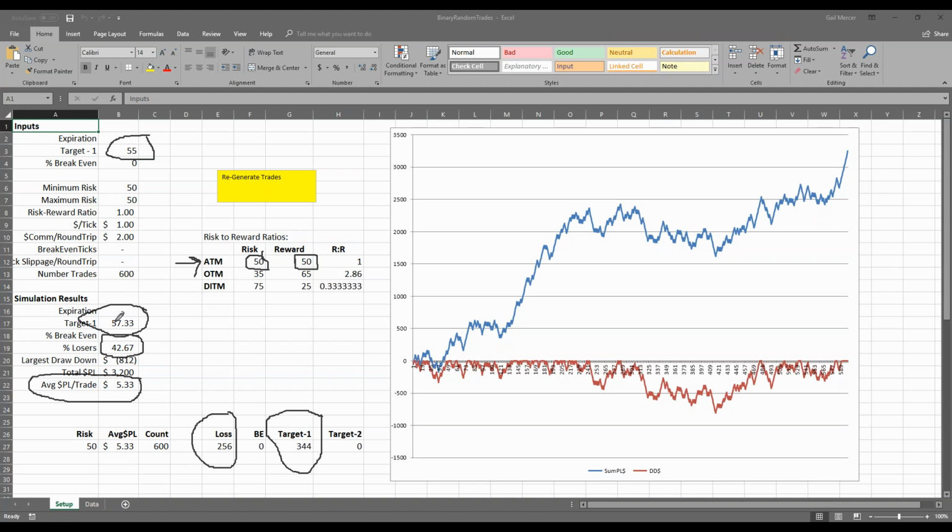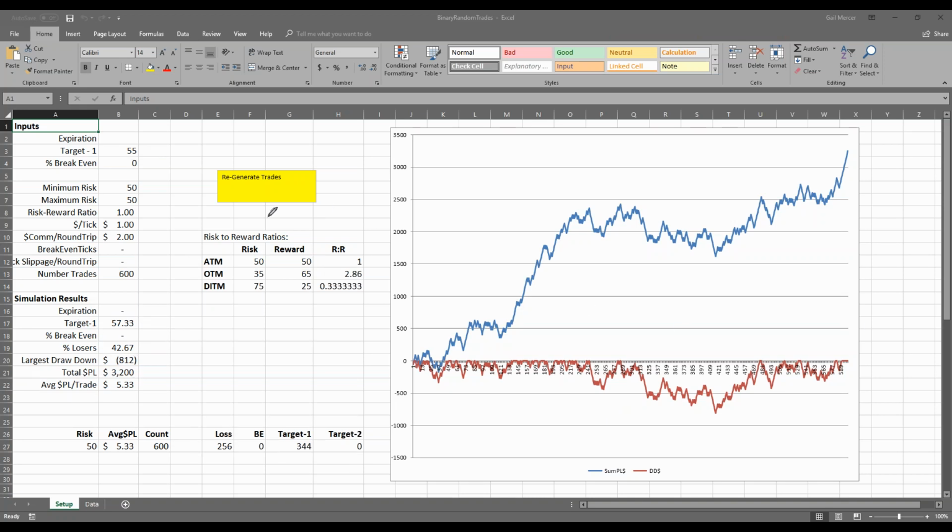Now, this is not always going to come up with 55. Remember, it's random. It's not always going to be exact, and that's a good thing because when you're trading, it's never exact. You're a little bit over, you could be a little bit under. Now, that's for at the money.